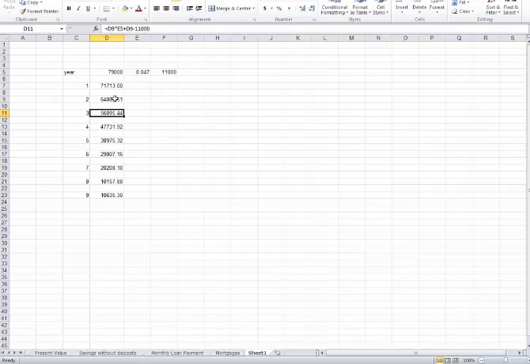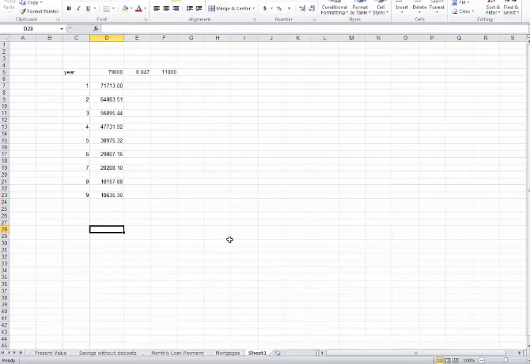Third payment, I take what was there at the end of the second year, add the interest to the principal, subtract 11,000, etc. And then when I get down to the bottom, what this right here is previous balance plus interest added to that principal. So this right here is the last payment that we make.